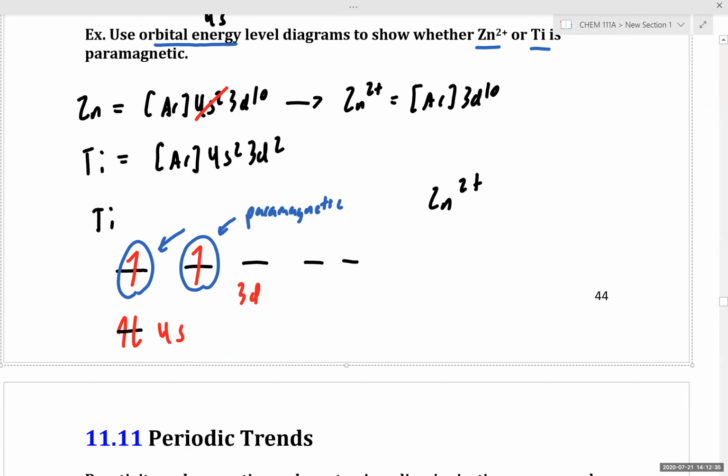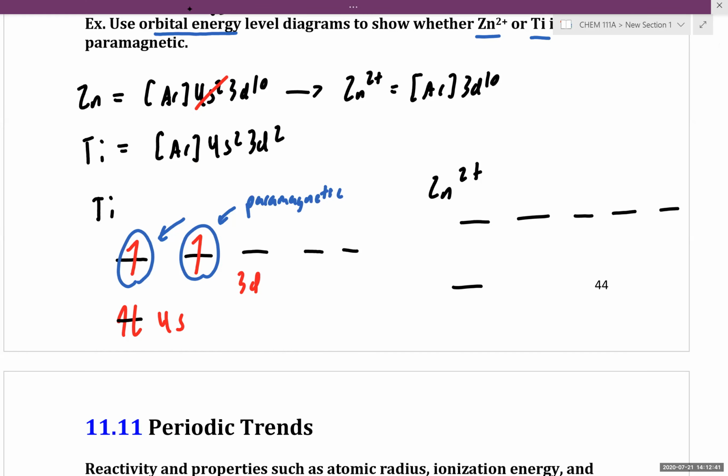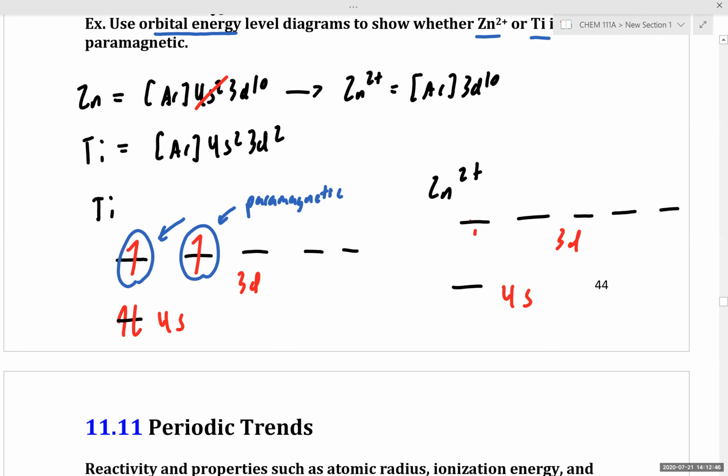To serve as a counterpoint, zinc 2+ has 10 d electrons. Zinc 2+ has no unpaired electrons, and as a result, zinc 2+ is known as diamagnetic.